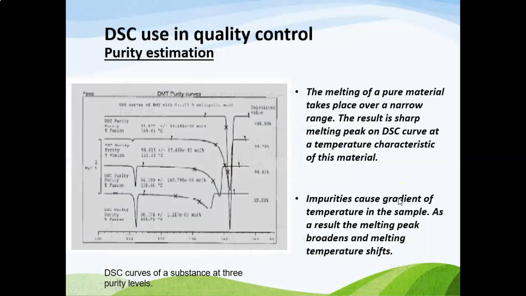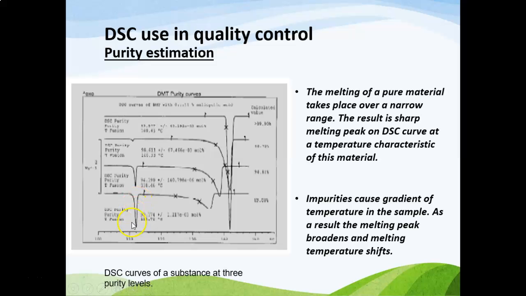For DSC in purity estimation, in the DSC curve of a substance at three purity levels, we can see that there are three types of purity. The first graph is a material that is unaltered, a pure material. The melting of a pure material takes place over a narrow range.